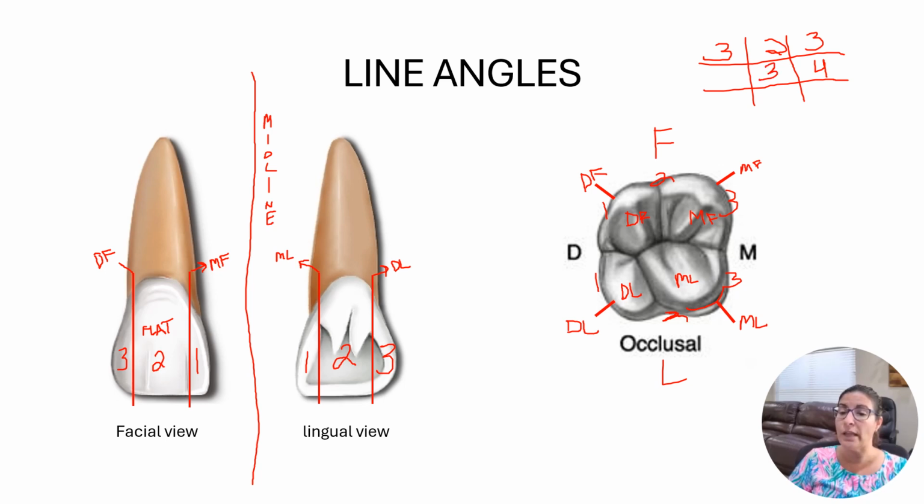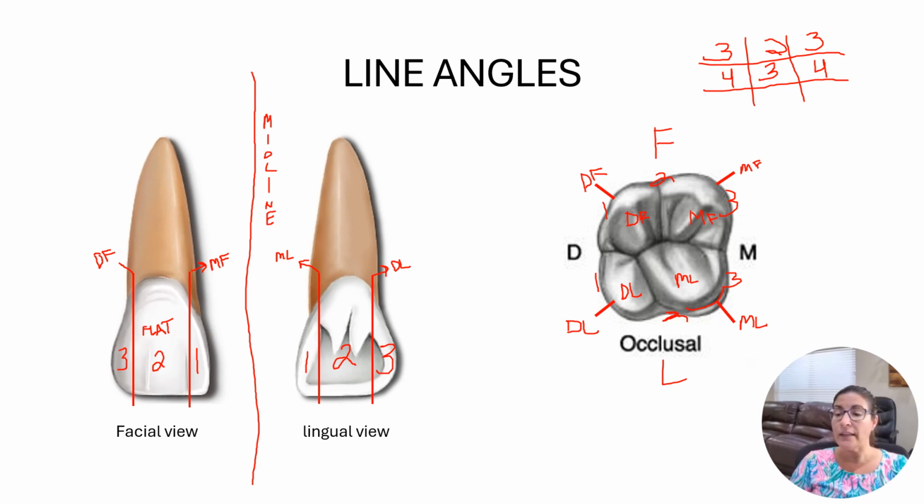Then from the distal lingual line angle all the way to the distal interproximal area, we probe that last portion of the tooth, and we'll say we have a 4 there. So you would read those out as 3, 2, 3 for the facial, and 4, 3, 4 for the lingual.